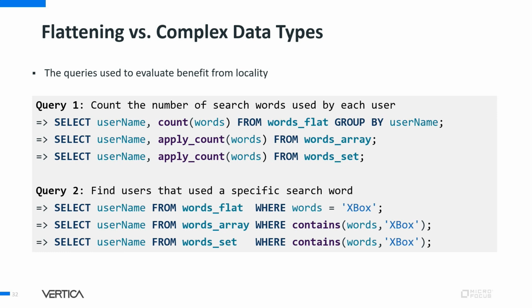The 2 queries that we used in this evaluation are the same as those we used as motivating examples in the introduction. Our first query counts the number of search terms searched by each user, and our second finds users that searched for a specific term.